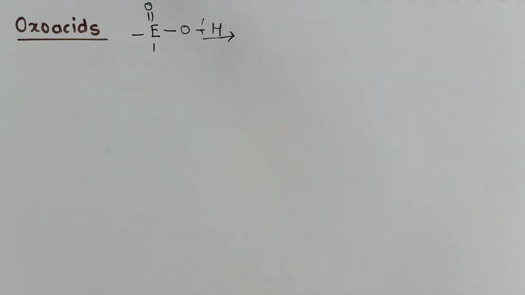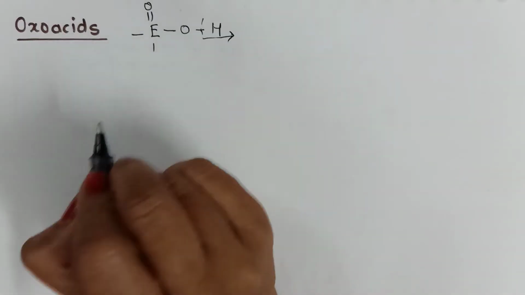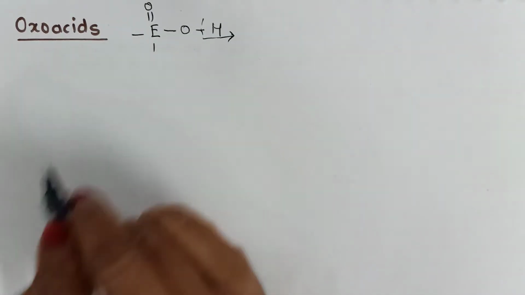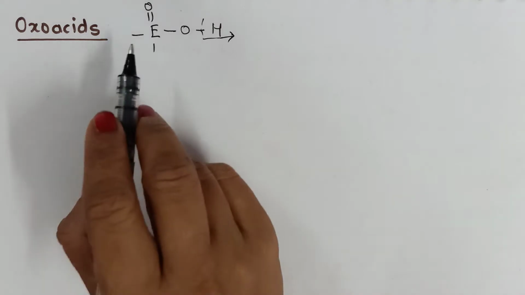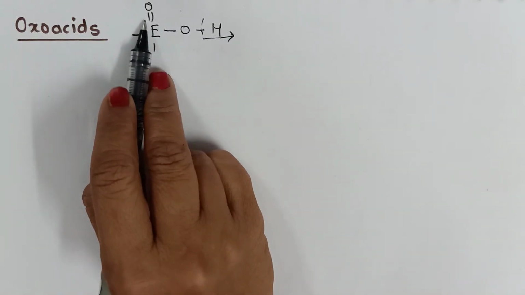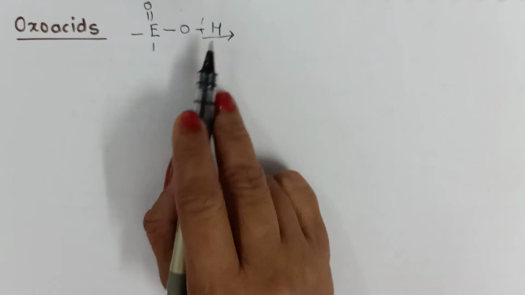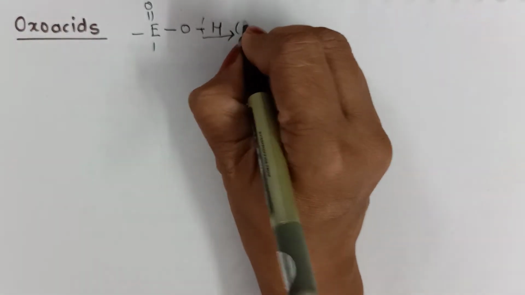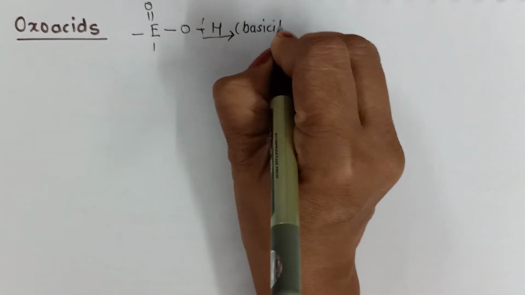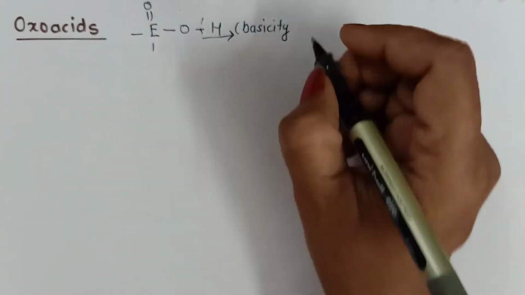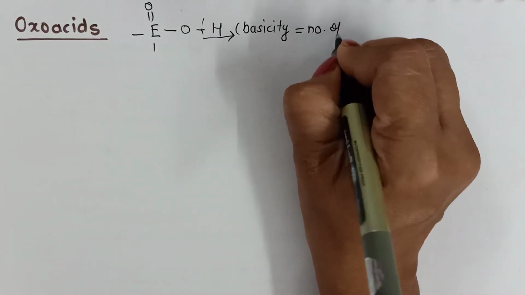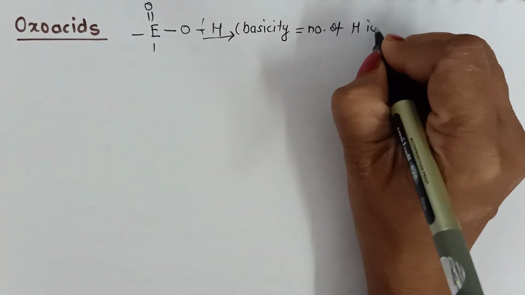Sulfur forms many types of oxoacids. Remember, this is the basic structure of any oxoacid. E stands for the element of which we are discussing the oxoacid. That element should be doubly bonded to O and OH. This H is ionizable and is responsible for basicity. Now what is basicity? It is the number of hydrogen ions released.